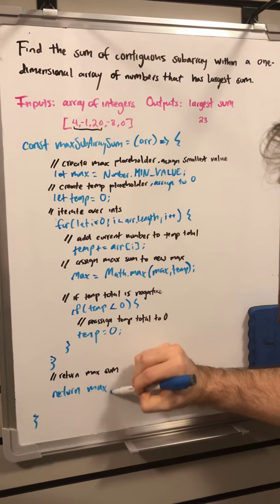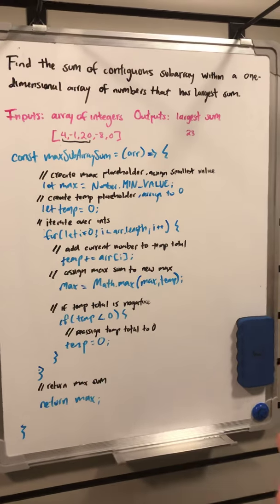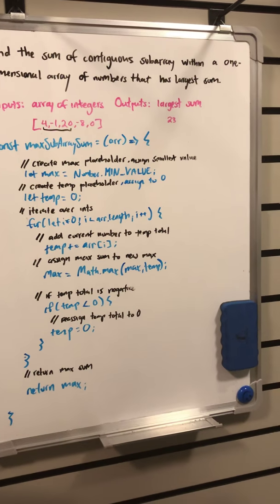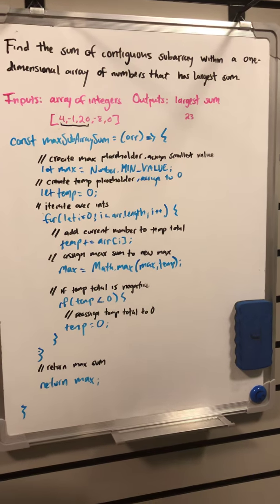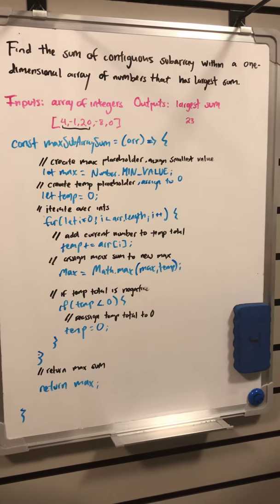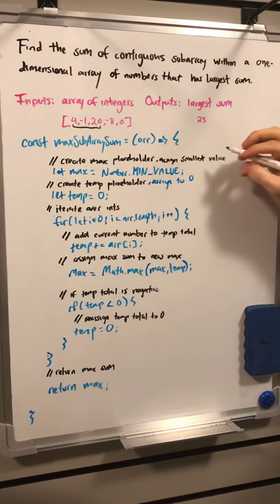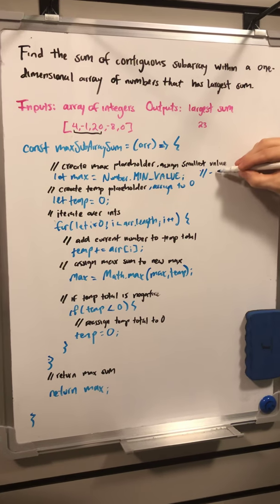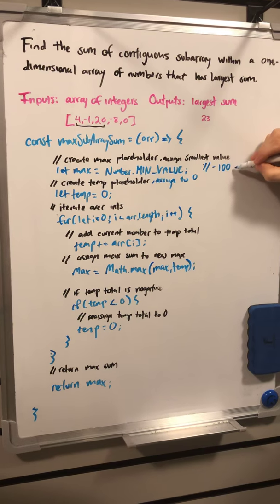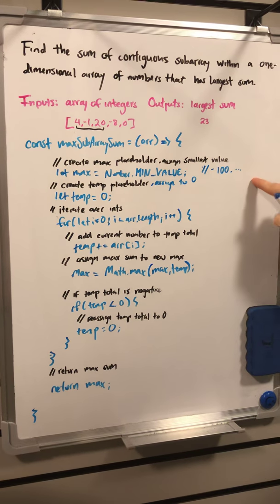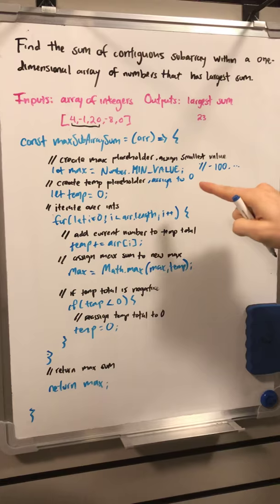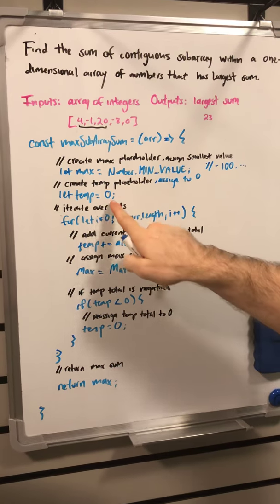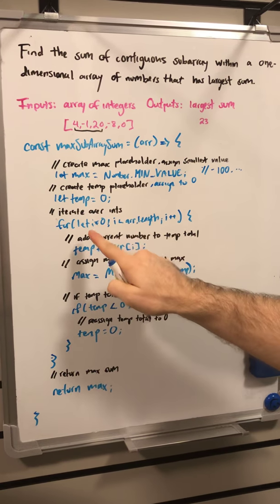Then after that, we want to return max. So let's walk through the example here. Essentially, we will have this very low number here, which is just going to be a really long negative number, and we're going to create the temporary storage for the total.